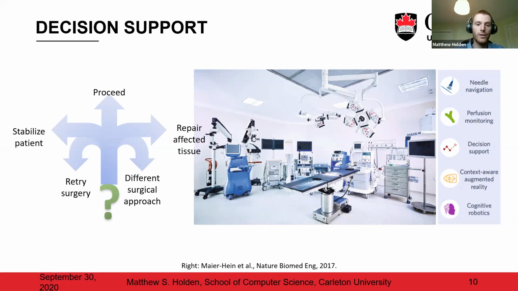So if everything's going well, we might recommend to the surgeon to proceed. If a tissue was damaged, we might recommend to repair the affected tissue. Or if something else has gone wrong, we might recommend a different surgical approach.